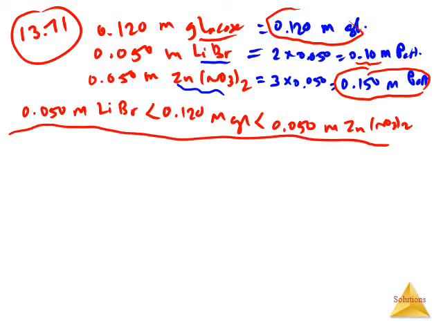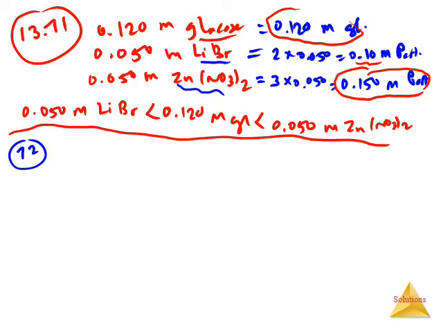Let me now go over number 72, so 13.72. In this question, it's a similar problem, except here you deal with freezing point. They're saying to list the following aqueous solutions in order of decreasing freezing point.